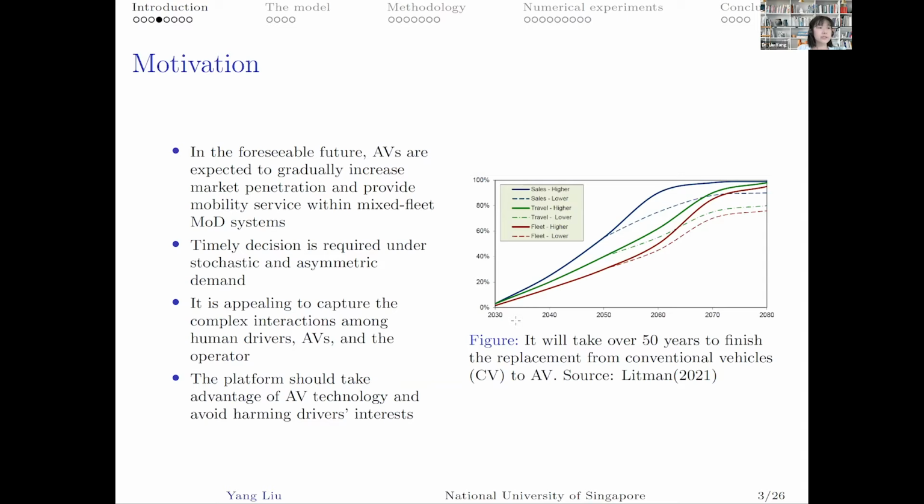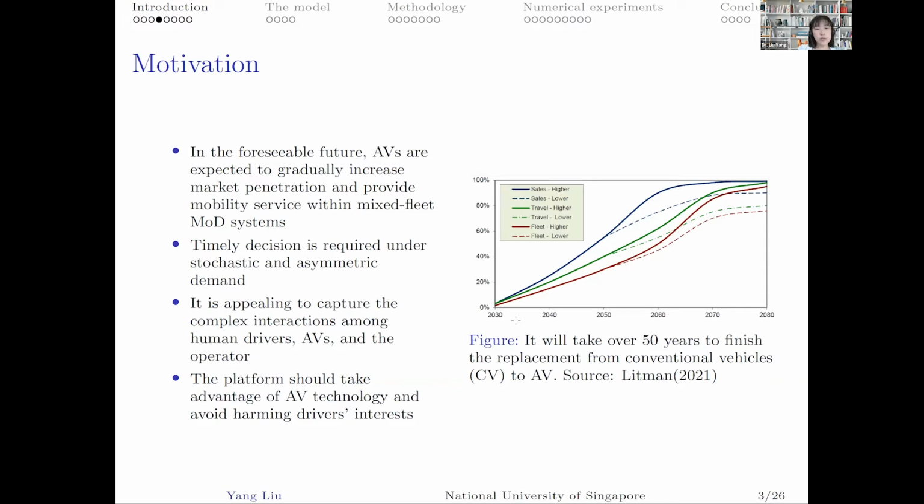Therefore, the AV and the conventional vehicle will coexist in the long run. Most of the MOD platforms will probably adopt a hybrid model where they need to consider both the operation of AV and CV. So this motivates our study.